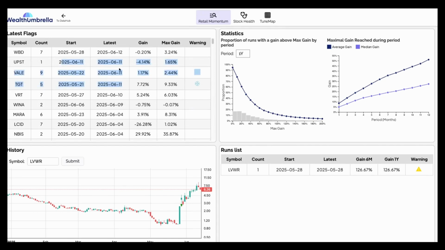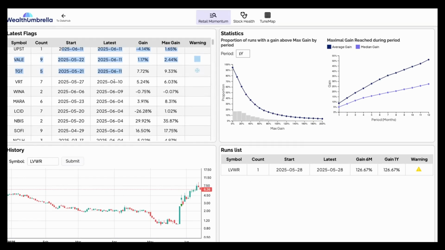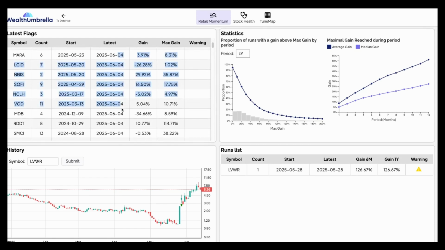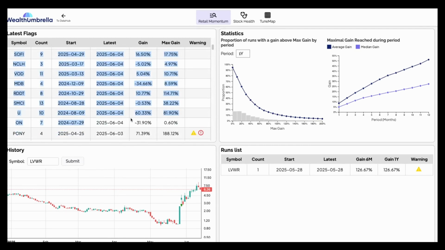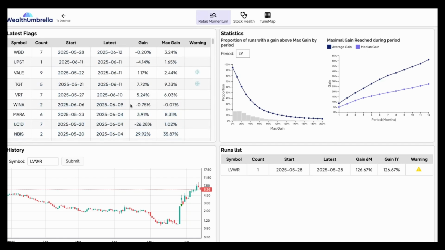So there's like 3 new flags on the 11th, one on the 10th and 9th, so that's not too bad. But there's some days like the 4th where there are just so many new flags, and it can be confusing to decide if I should go in, out, or whatever. And first, going in or out is always your decision, based on how you feel the stock can go, your analysis and your research.